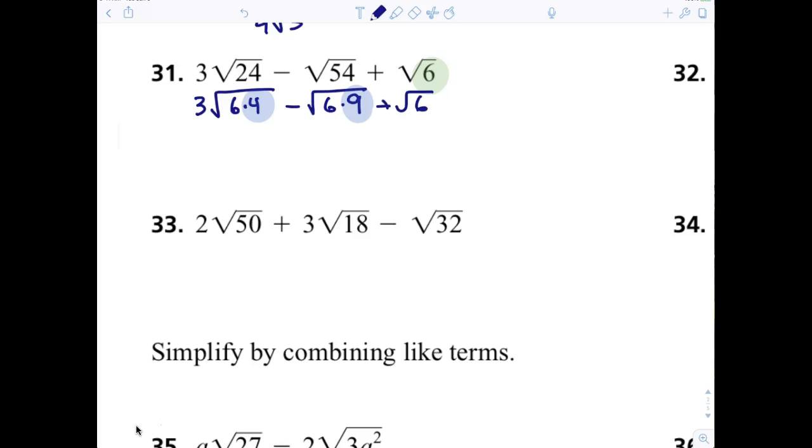You can do that. So what's the next one? 3. Right.